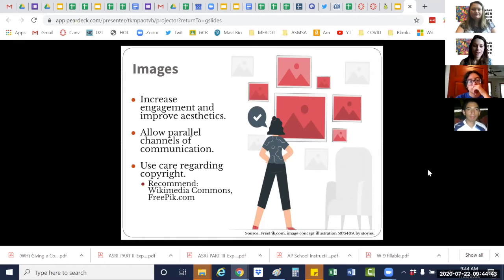I do want to say use care regarding copyright. You can't just say, well, I'm studying this particular kind of food additive, so I'm going to get a picture of a product from a Google image search with that food additive in it, because it might be a copyright image.